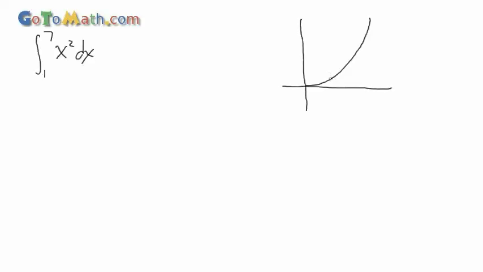We'll use red. We'll say this is 1, and this right here is 7. Now in the problem it said that n was equal to 4.